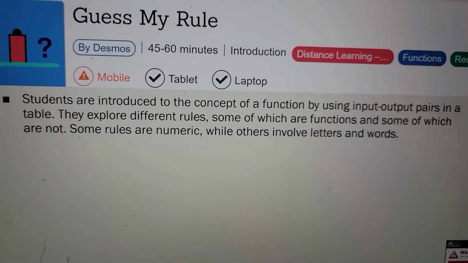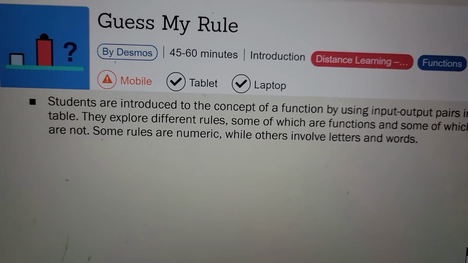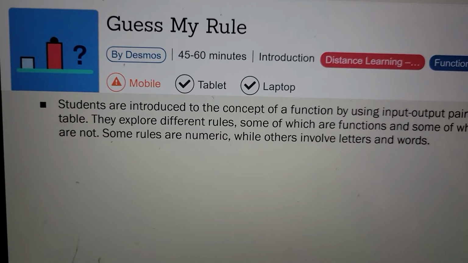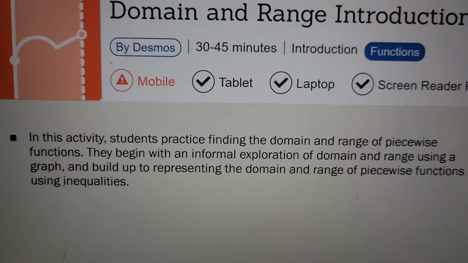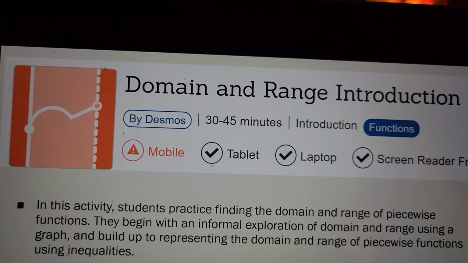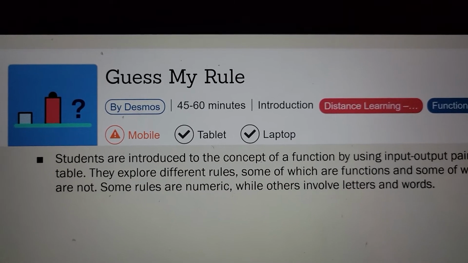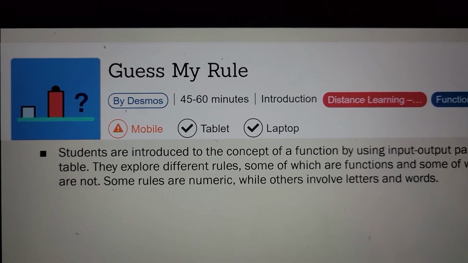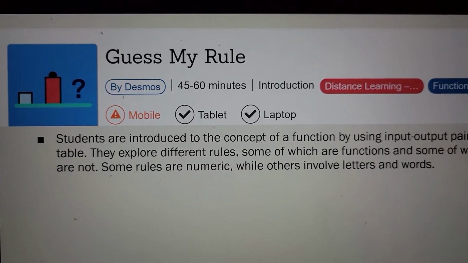This is pretty cool because when you're doing Guess My Rule, it gives you a rule that's either a function or not a function. And by doing Guess My Rule, students had to find the rule, and they had to determine, is it a function or is it not a function?